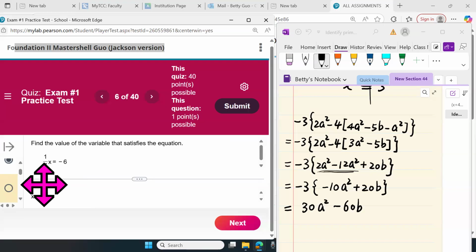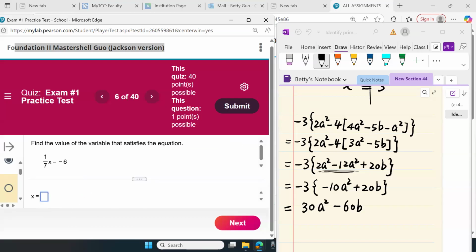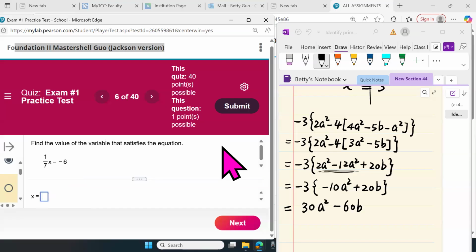The reciprocal of 1/7 is 7/1. So left side multiplied by 7, we have x. Right side multiplied by 7, we have -42. We can get it done using one step only. Multiply each side of the equation by 7. -6 times 7, -42. Next.